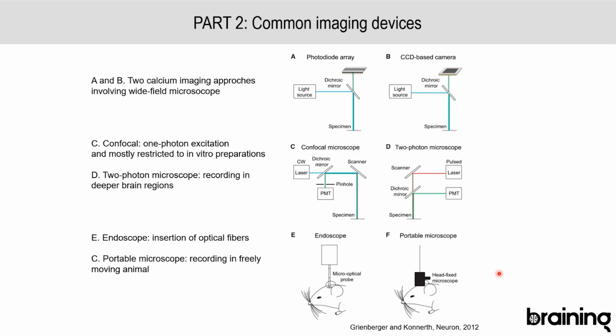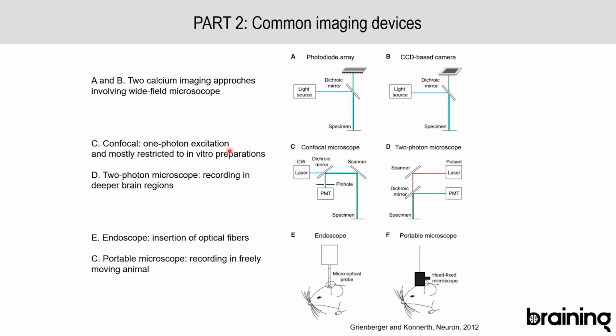And of course, we have to observe this fluorescence, okay? So we can use normal fluorescence microscopes. We can use confocal microscope, but there's no need of having a confocal microscope to do this calcium imaging, okay? We can do it with a normal epifluorescence microscope.